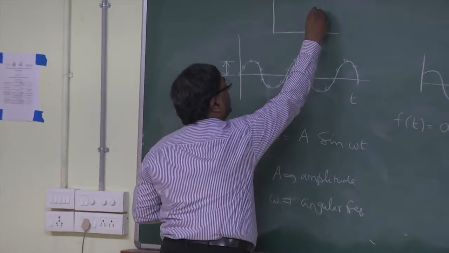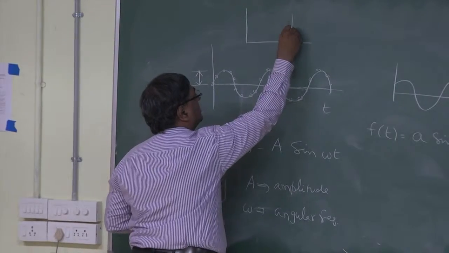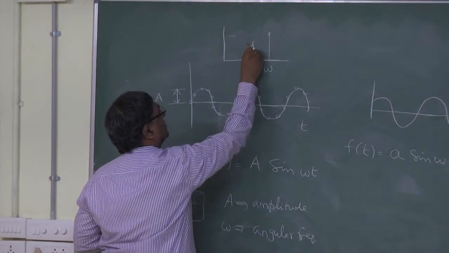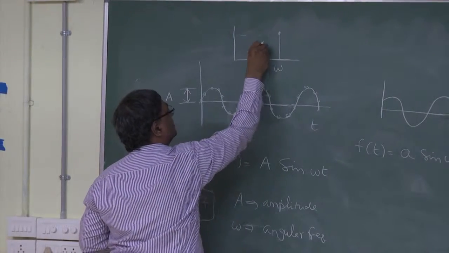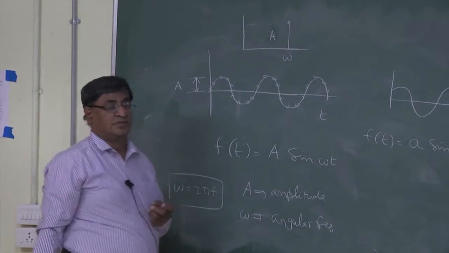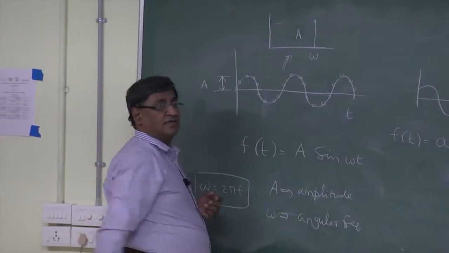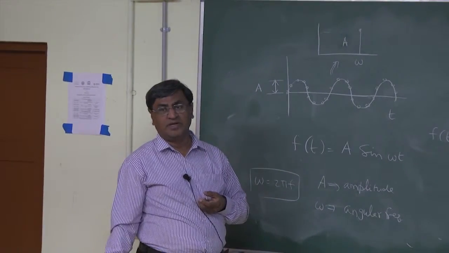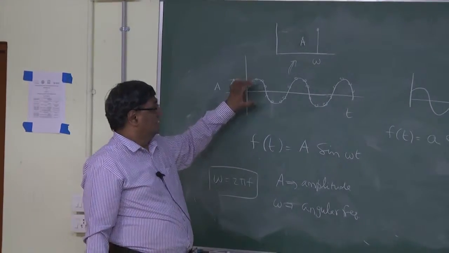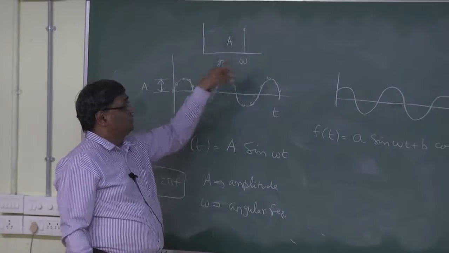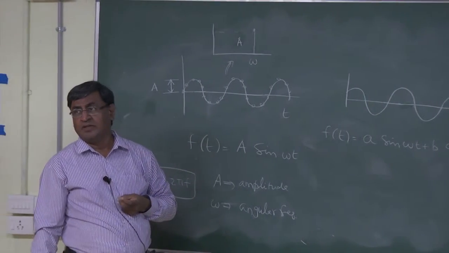In that, I can show this so this sine wave can be represented like this. It means the same thing. What it means is that this wave has the amplitude of A at a frequency of omega.